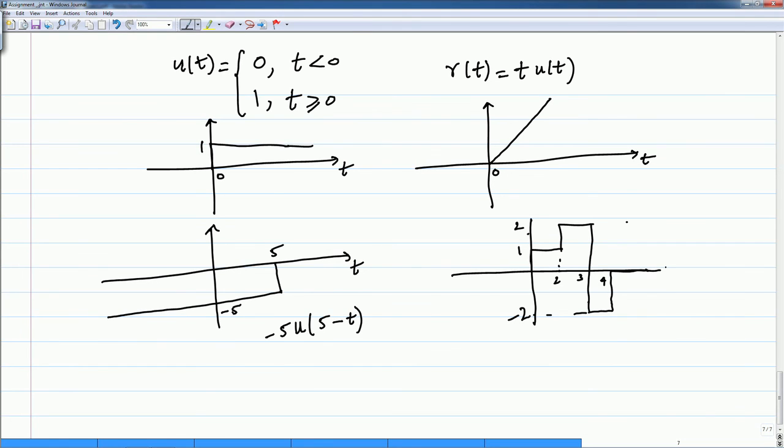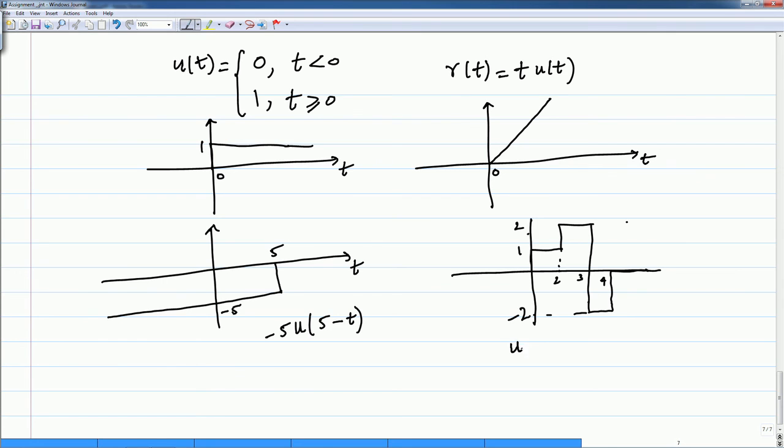Okay, so here's a signal which actually might be an input signal to some system that you build. It's quite realistic. Quite often many signals look like this. So for such a signal, how would you write it in terms of shifted unit steps? It's possible. How do you do that?